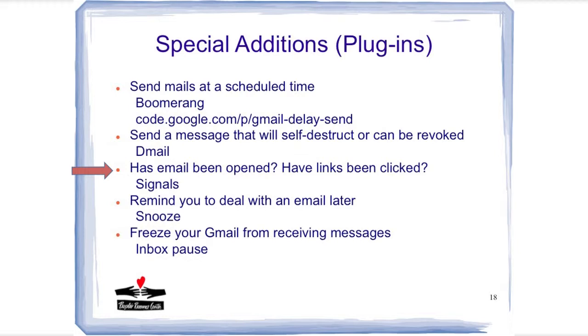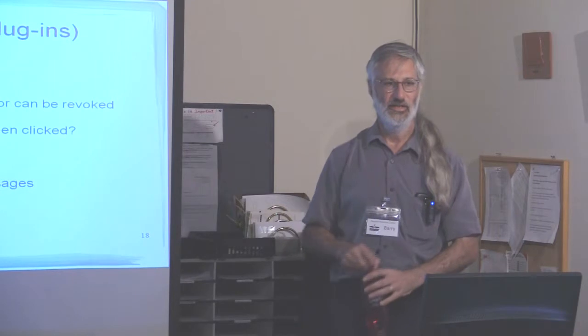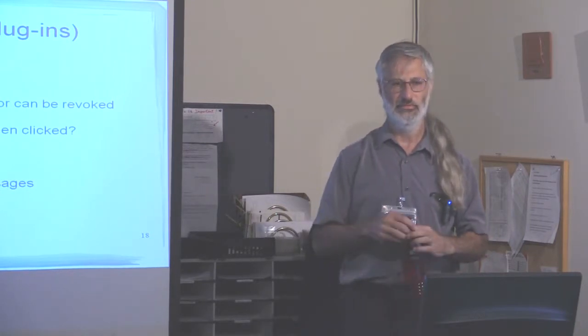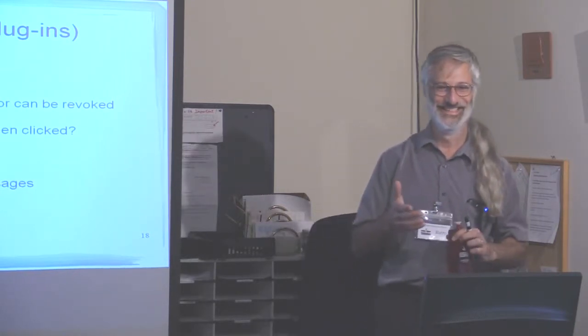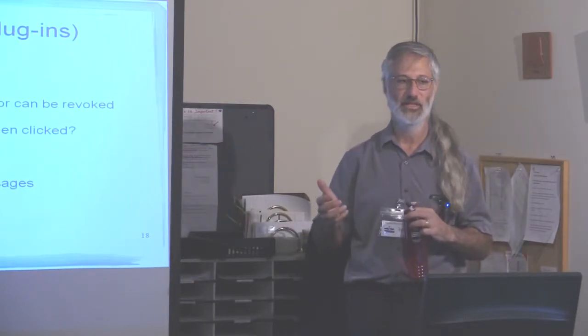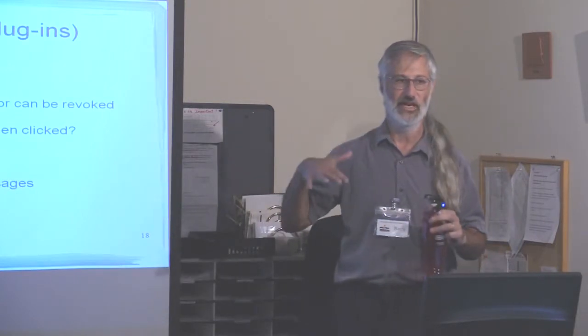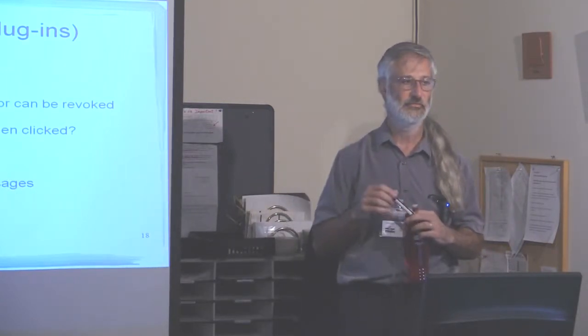There are a number of plugins out there, but one of the ones that I found was called Signals. If you want to get into that, you could Google the Signals plugin for Gmail. It'll tell you more about it, and give you instructions for how to install it and things like that.